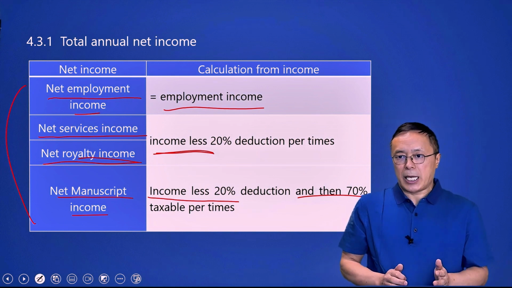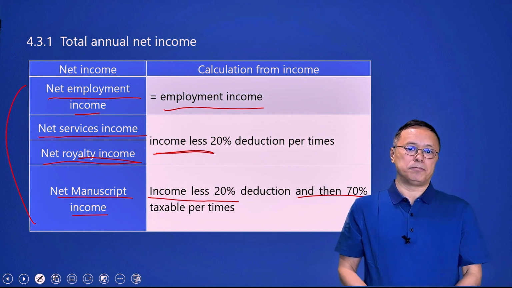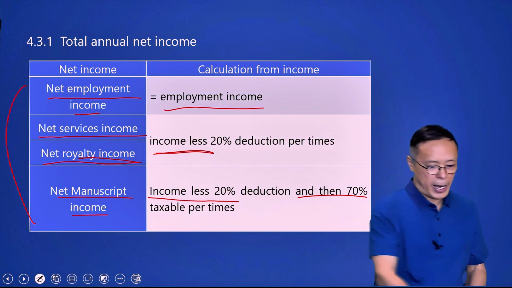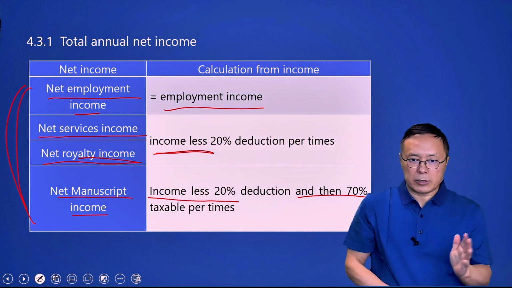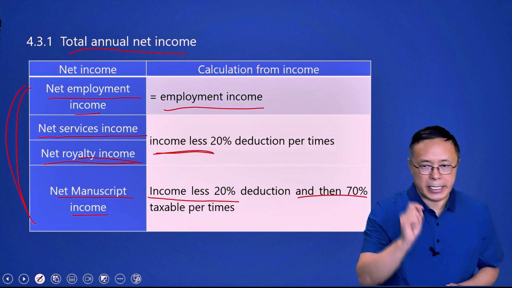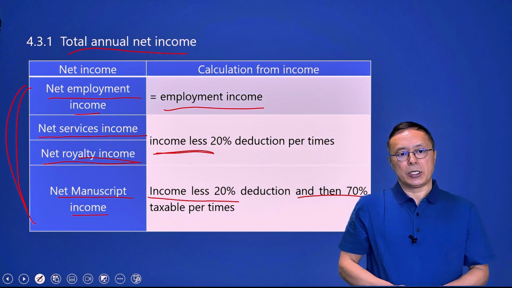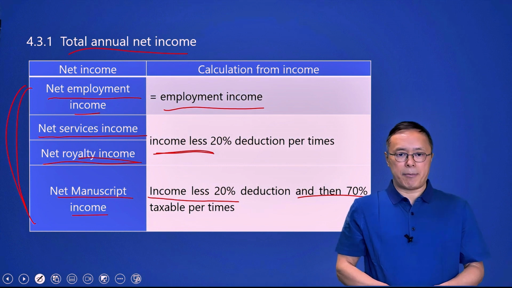So, effective 56% as taxable. Adding up the four types of net income is total annual net income. Right? Let's explain how to use these rules through an example.